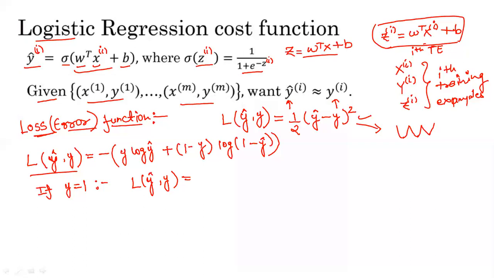So this will become 0, and if 0 is multiplied with something, then the whole term becomes 0, and we are only left with minus log of y hat.